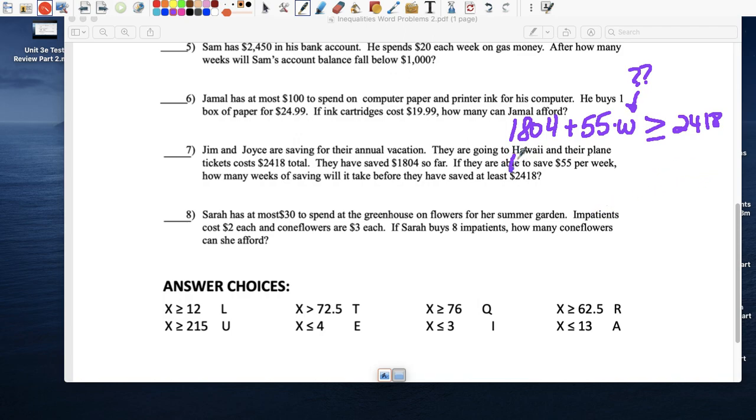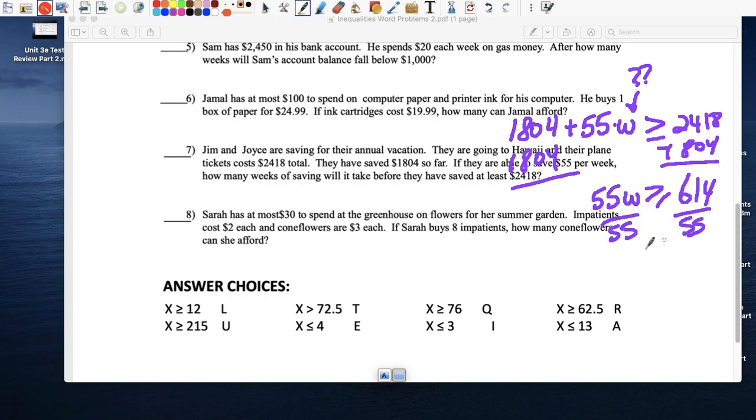Well, minus 1804 on both sides. We have 55W greater or equal to 2418 minus 1804, which is 614. Divide both sides by 55, and we get 11.16 weeks. Now, this is interesting for this question. Because of the decimal, the other one was a half.